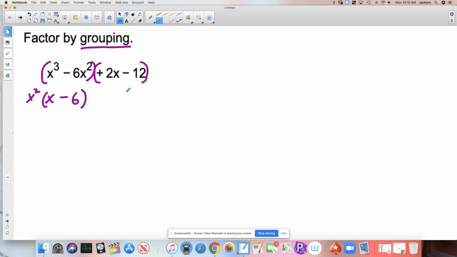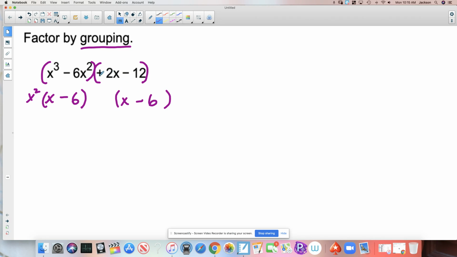Now, in order for an expression like this to even be factorable by grouping, what we need to do is we need to be able to come up with this same binomial from this group. In other words, I need to be able to factor something away from these two terms that would result in x minus 6 being this binomial.